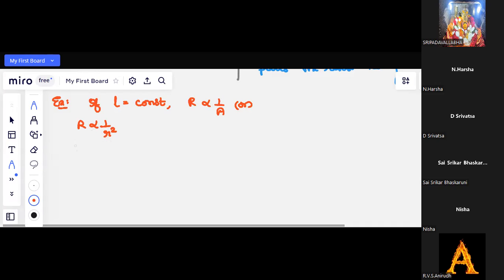For example, there is a wire. This is the radius of cross section. The length L we are taking. But in this, some part is cut and removed.